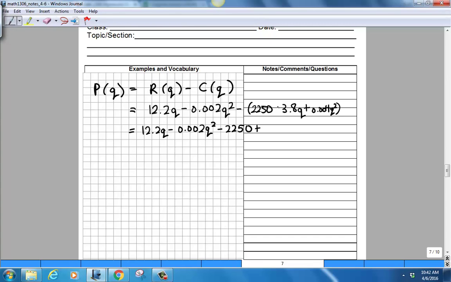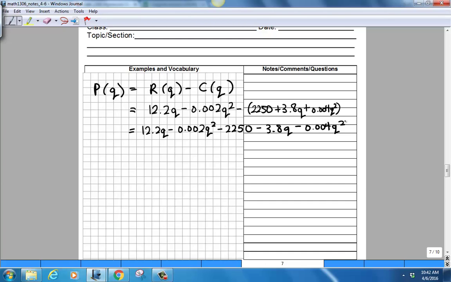So this was plus, which means this is going to be minus now when we distribute the minus sign. Okay. And then the minus 0.004 Q squared. Okay.